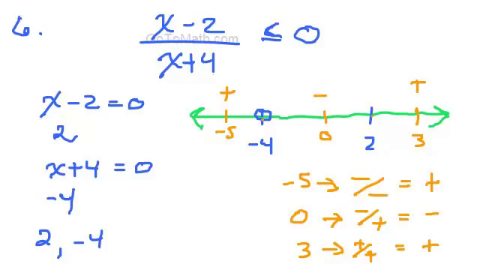We can't use negative 4, but we can include 2 because that gives us 0 in the numerator, and 0 over a number other than 0 is equal to 0. So between negative 4 and 2, and of course we include 2 here.